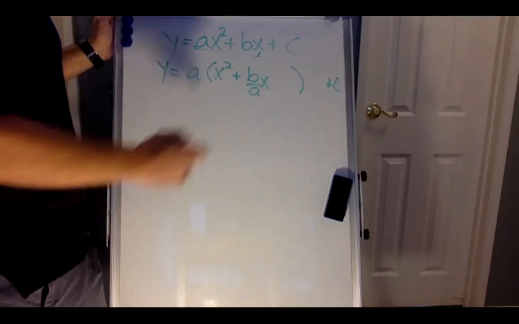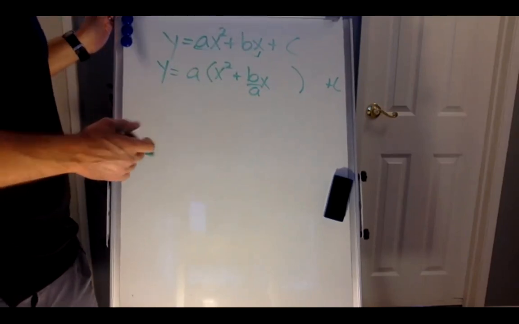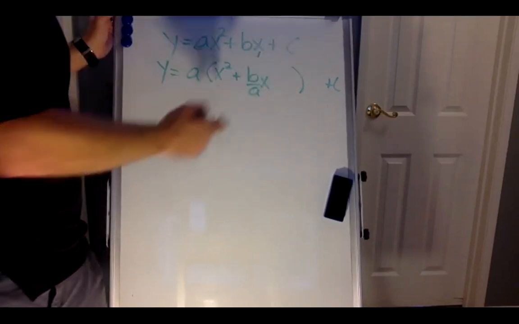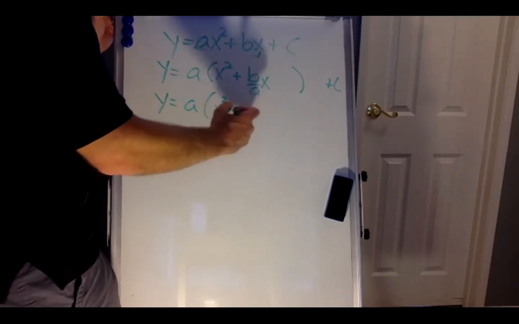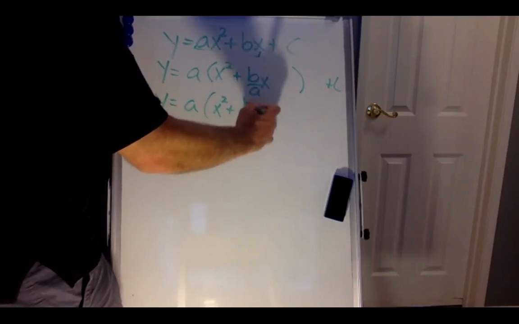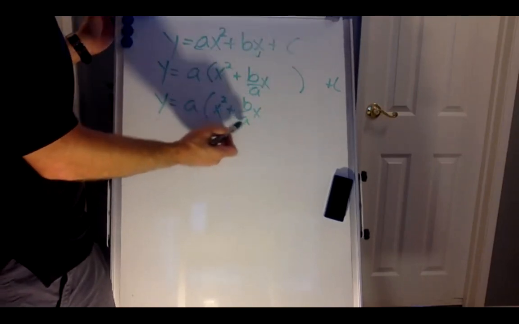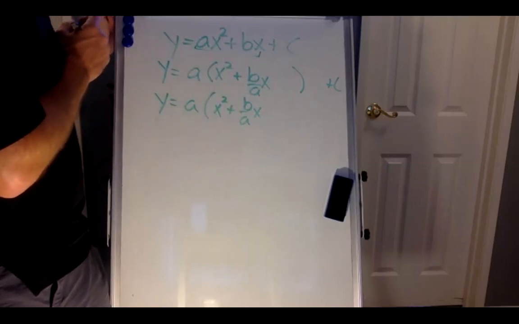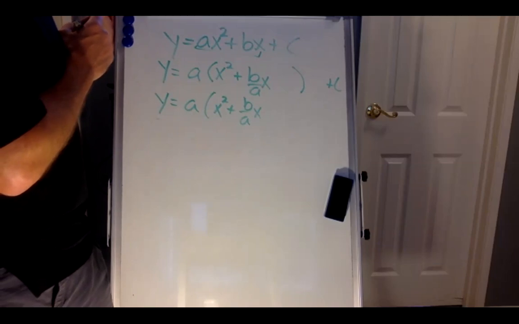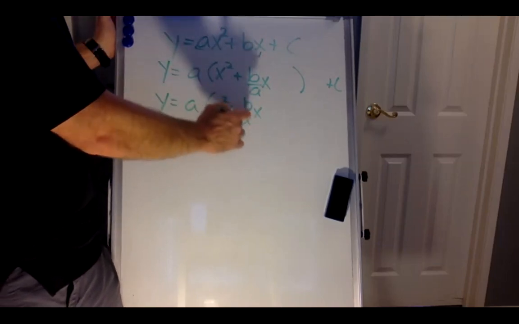Okay? Now that we have that, you complete the square in here. And the way we complete the square is you take half of this and you square it. Right? You remember that? You take half of the B over A term here and you square it.